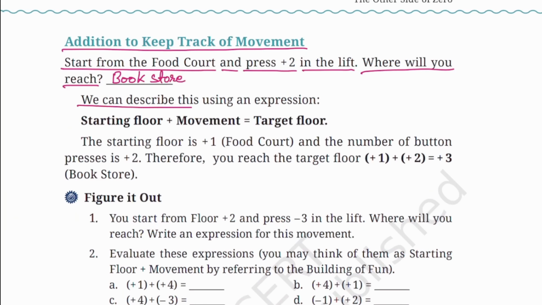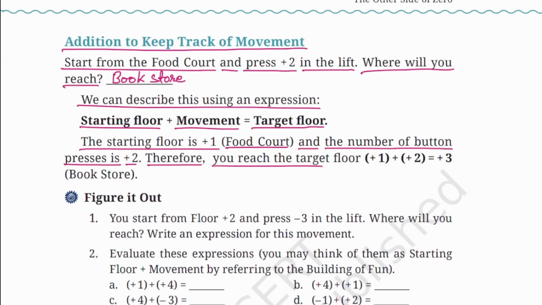We can describe this using an expression: starting floor plus movement is equal to target floor. The starting floor is plus 1, food court, and the number of button presses is plus 2. Therefore, you reach the target floor: plus 1 plus 2 is equal to plus 3, that is, bookstore.